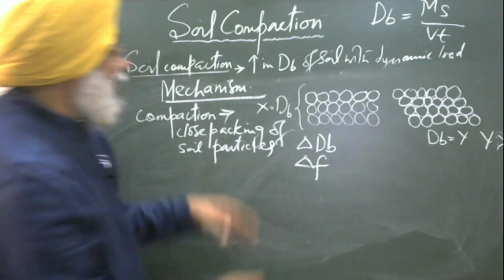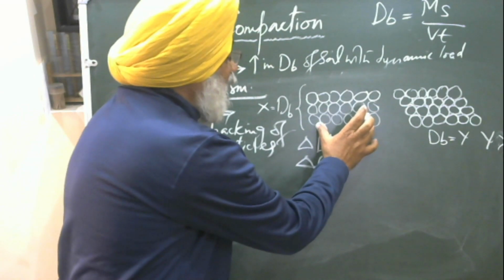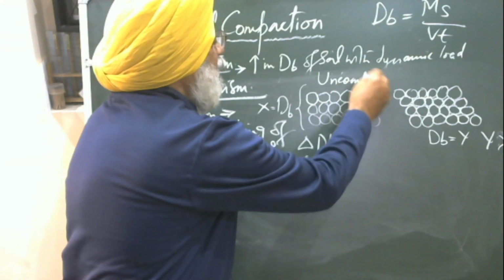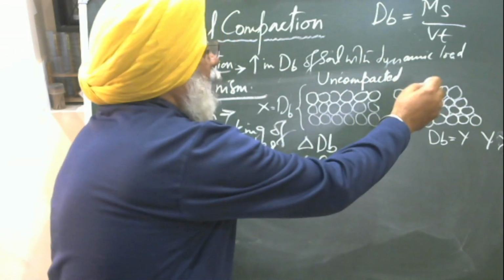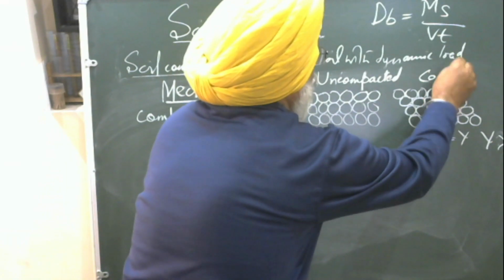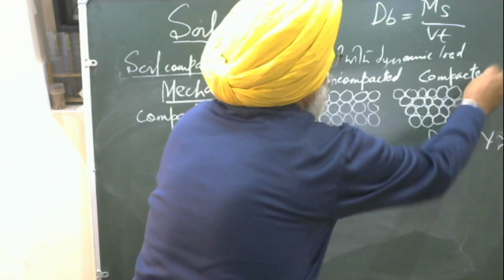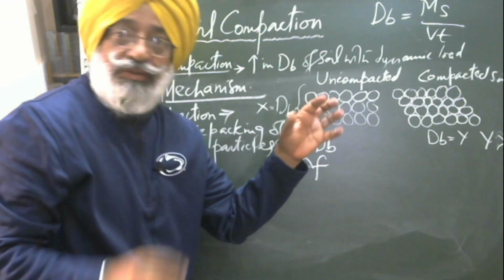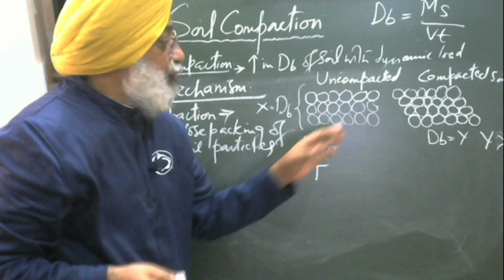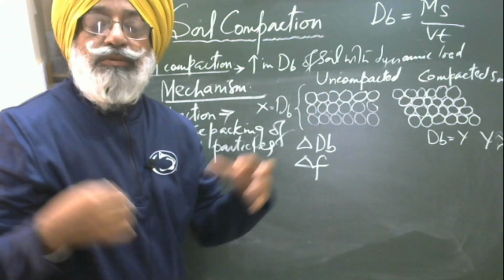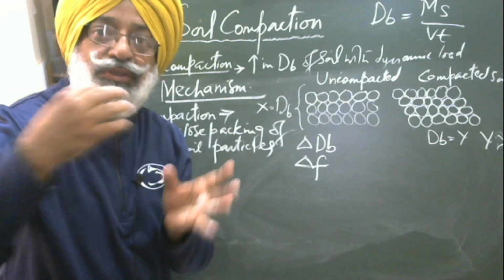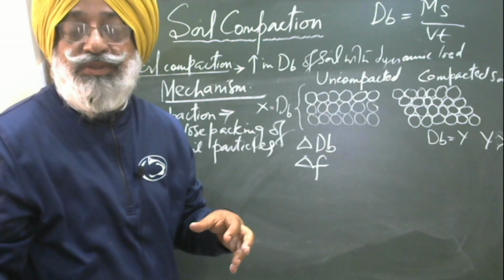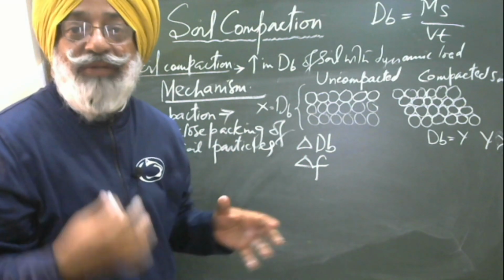Here this is uncompacted, and this is compacted soil. When you have compacted the soil, of course there is rearrangement of the soil particles. Now there could be a change in total porosity, or there could be no change in total porosity. It depends upon the type of soil you have.